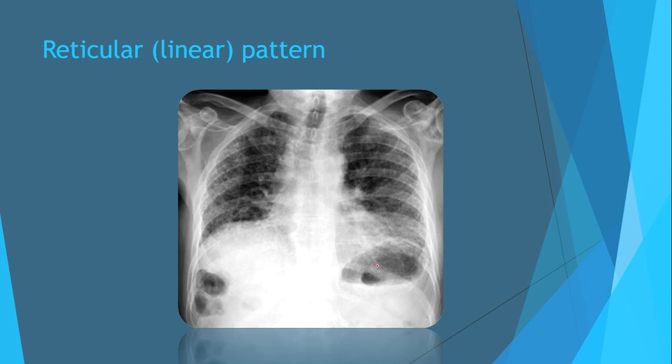And here we have a reticular linear pattern on the lung picture. You can see the right dome of the hemidiaphragm is higher than the left. Maybe this patient has cirrhosis of the liver.